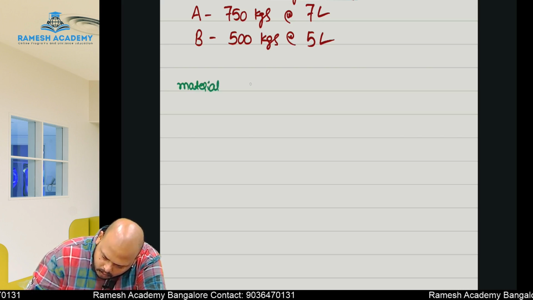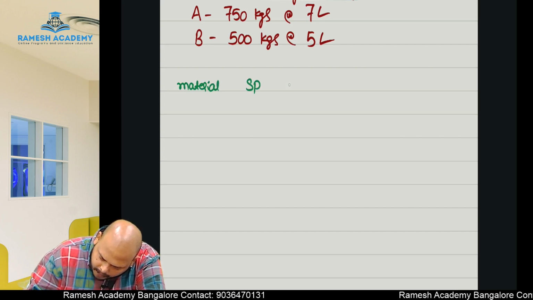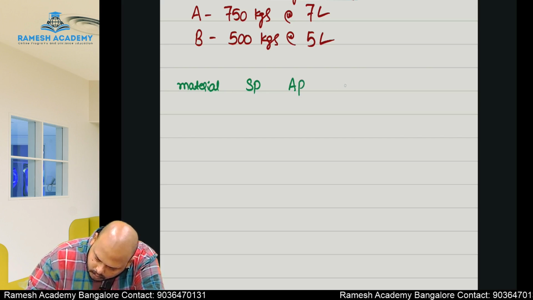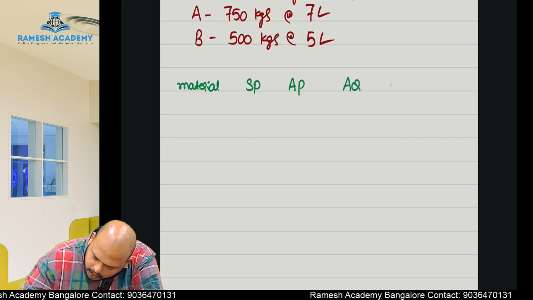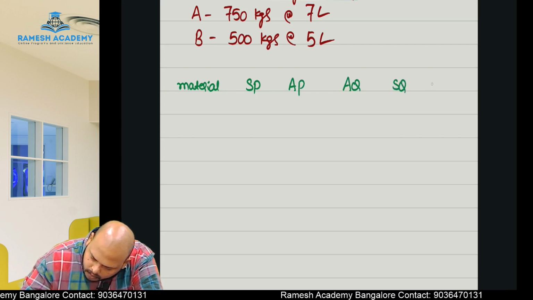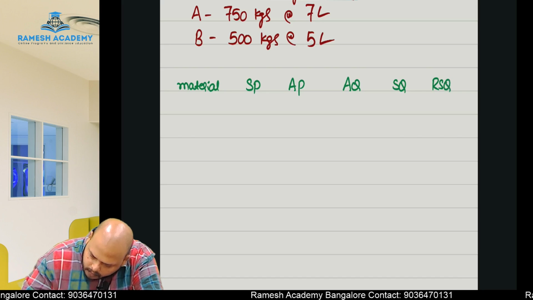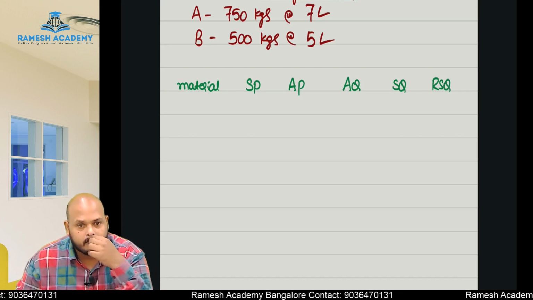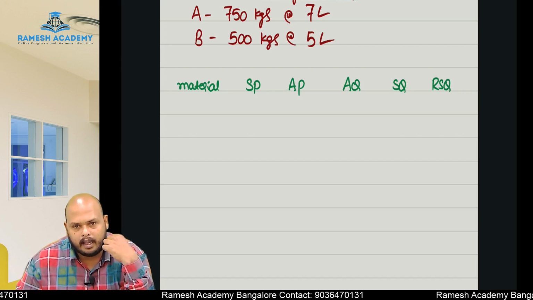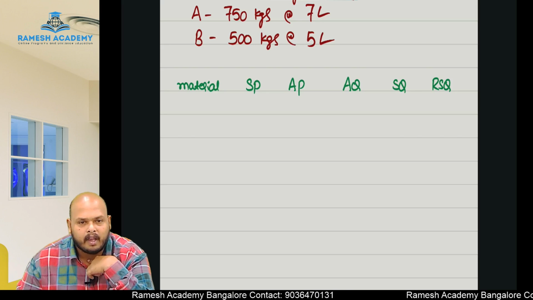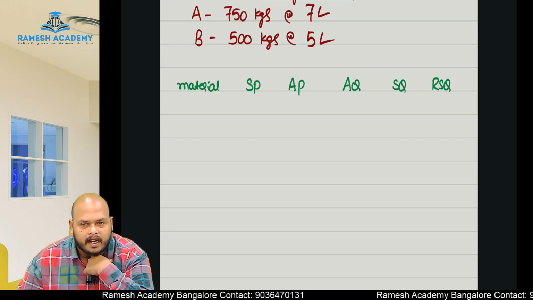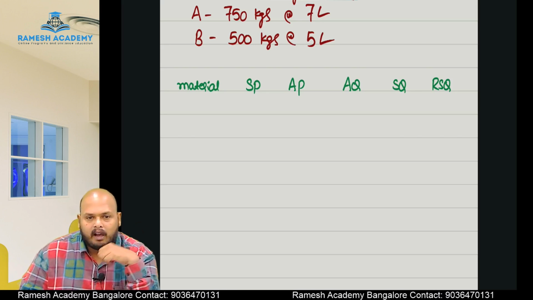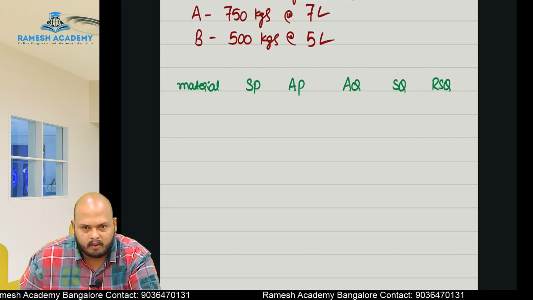material, standard price, actual price, actual quantity, standard quantity, revised standard quantity, okay? The technical terms which we'll use here: SP, standard price; AP, actual price; AQ, actual quantity; SQ, standard quantity; RSQ, revised standard quantity, okay?